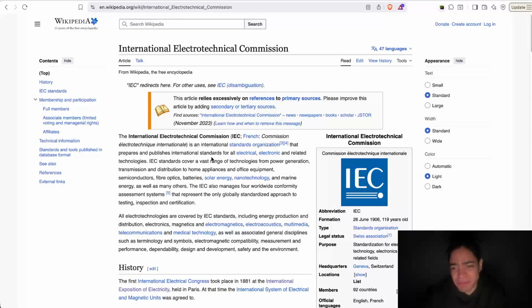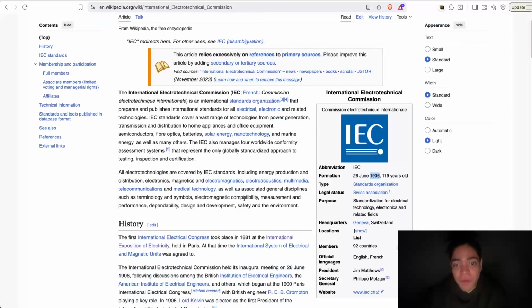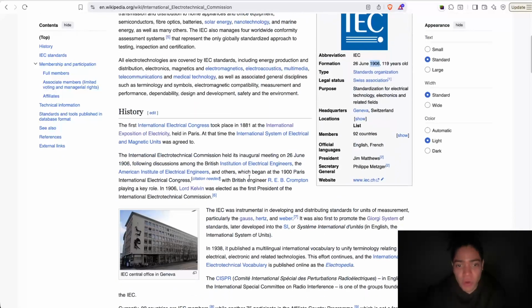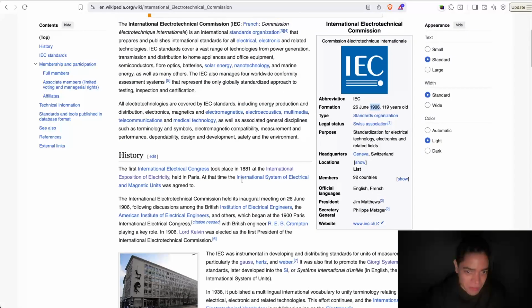So why am I starting with this? Because this is a commission founded 119 years ago, in 1906. We're about to have 120 years. The first to hold the presidency was Lord Kelvin.